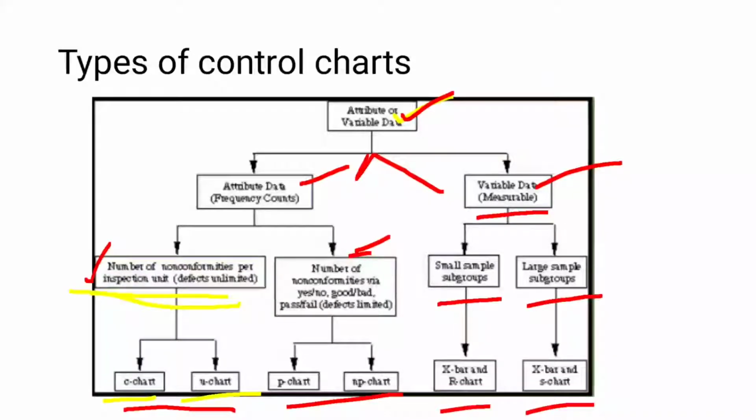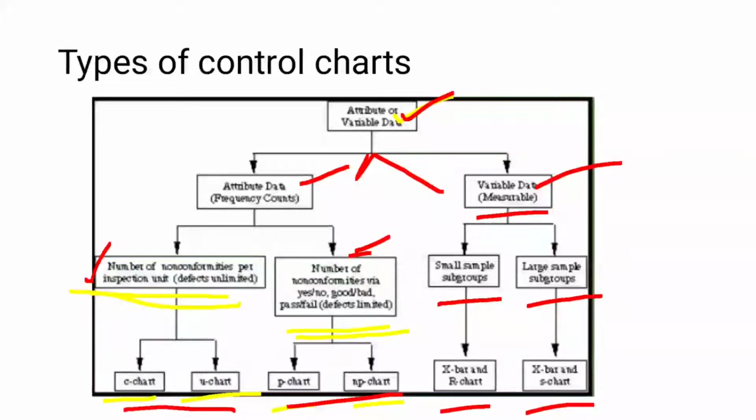For yes or no, good or bad, the charts are the P chart and the NP chart. So these are the four types of charts which come under attribute data: C, U, P, and NP.